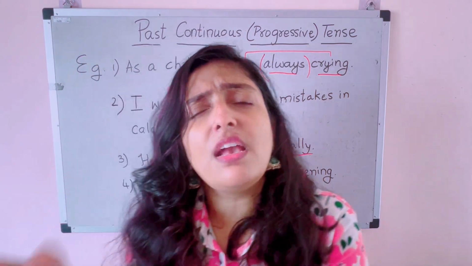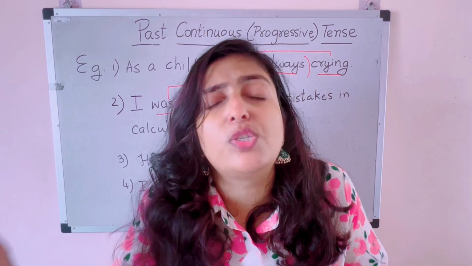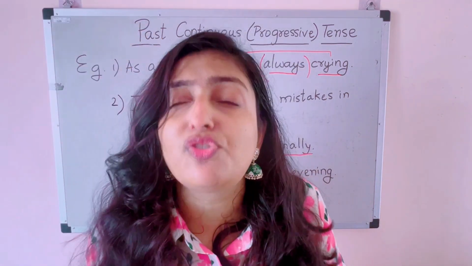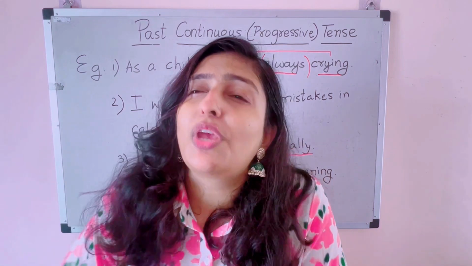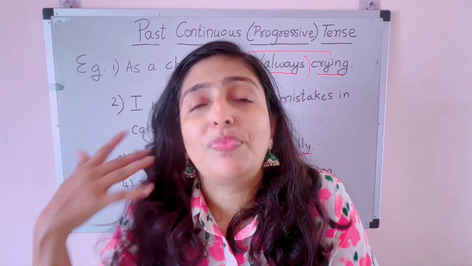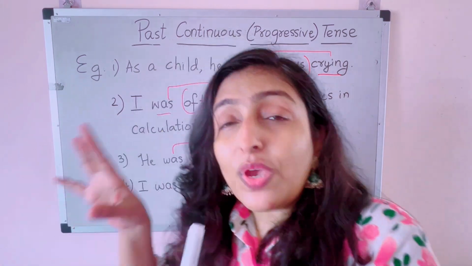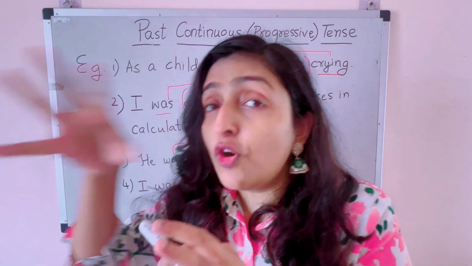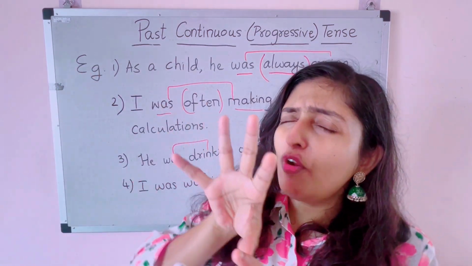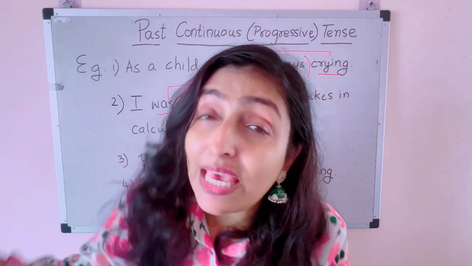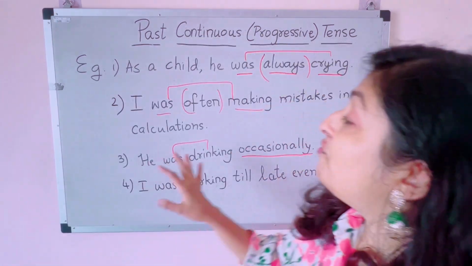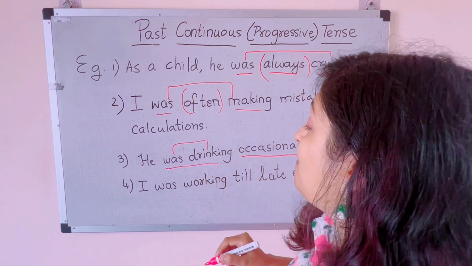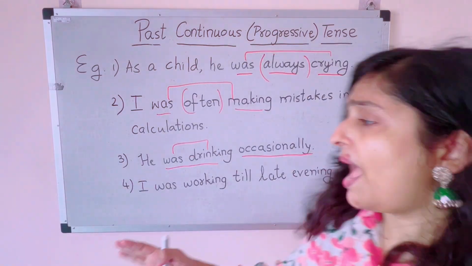He was drinking occasionally, but now he is all out of that. Now he is fine. But that time he was drinking occasionally to come out of that depression. Okay, so in such scenarios where the action would have taken place for a longer time in the past, we use past continuous tense.